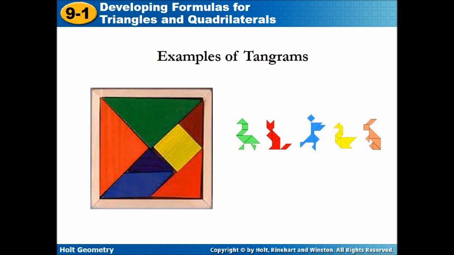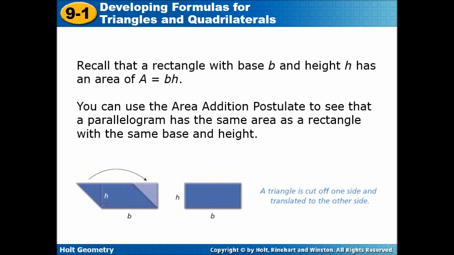And some of these were used in ancient Chinese decoration, and to this day you will find Chinese people who love to use these in something similar to what we call origami in Japanese art, where it carries forward into more modern times. We're now going to examine some formulas.